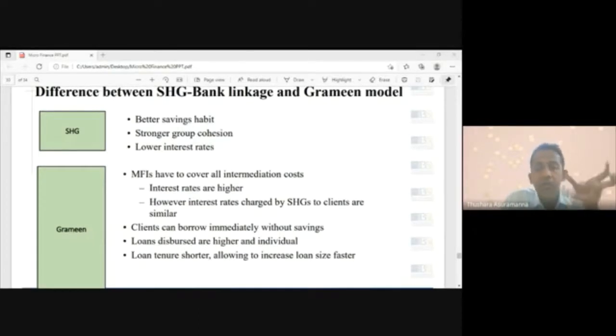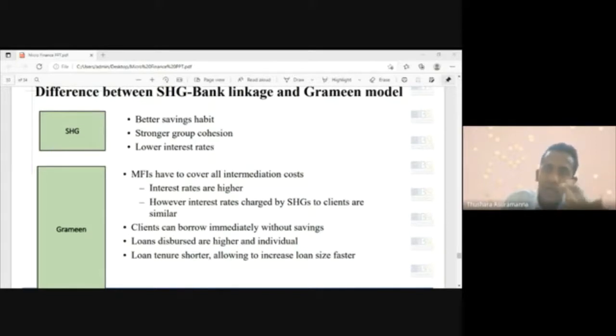Then stronger group cohesion. At that level, because there are 10-15 people in similar types of business activities, you try to build team dynamics, group dynamics among the members. So they know how to live together, how to do business together, how to tolerate the others, and how to cooperate on other activities.